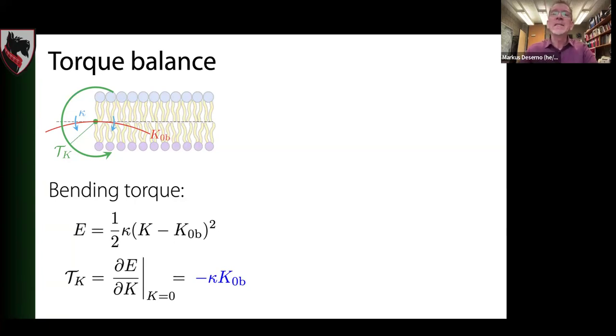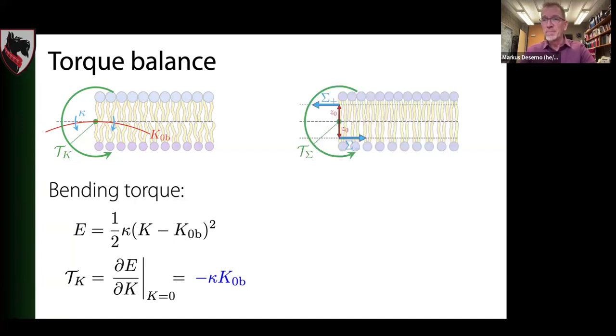But this is not the only reason why a membrane would want to bend. You could alternatively look at a membrane that has the same lipids on both sides, except they're differently densely packed. So on the upper side, for instance, they're more closely packed, and on the lower side, they're less closely packed. So there is a force on the upper side that would like to push the lipids apart, and there's a force on the inner side, presumably it wants to pull them together.